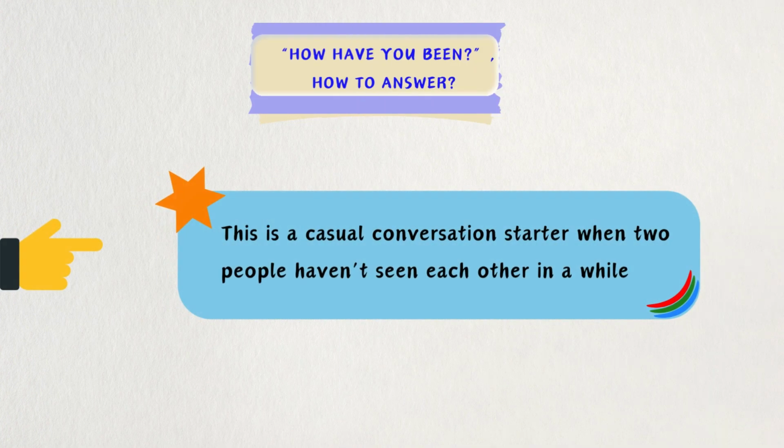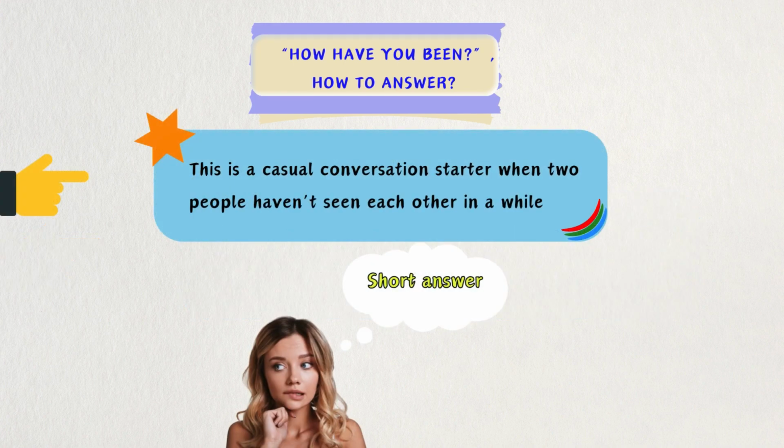This is a casual conversation starter when two people haven't seen each other in a while. The person who is asking the question isn't typically expecting that they will receive a thorough and detailed response. However, it's certainly appropriate to answer with a brief sentence or two about what you've been up to since the last time you saw them.